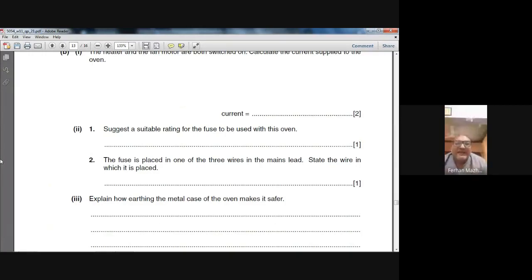You can name any number because the rating of the fuse should be higher than the current the machine normally takes.